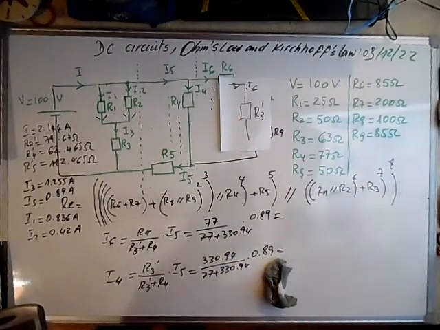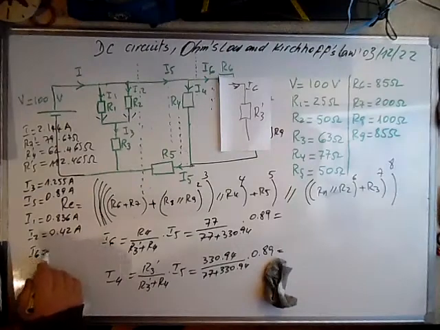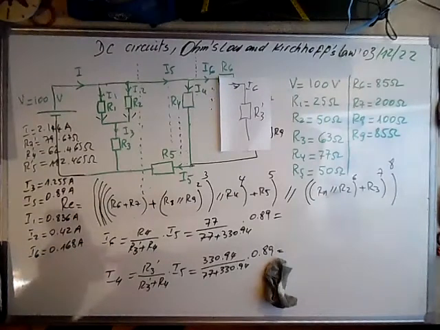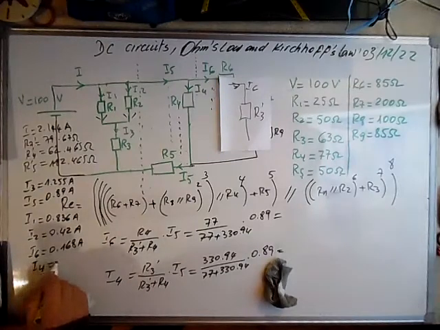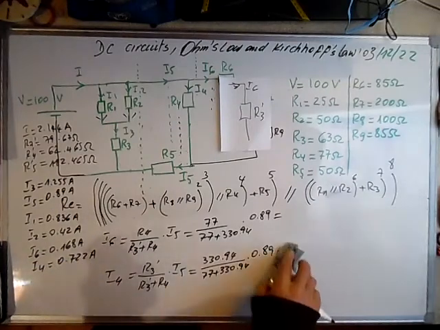Okay, this is 77 plus 330.94, 1 over times 77 times 0.89, and this is I6 is equal to 0.1168 amps. Minus 0.89, I4 is equal to 0.722 amps.